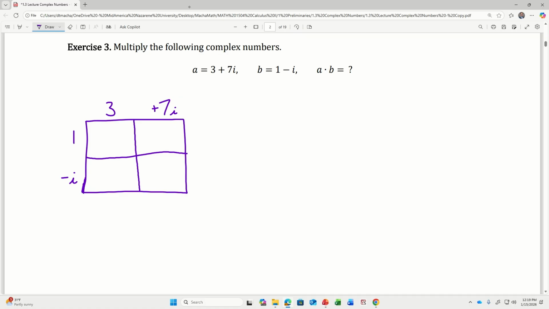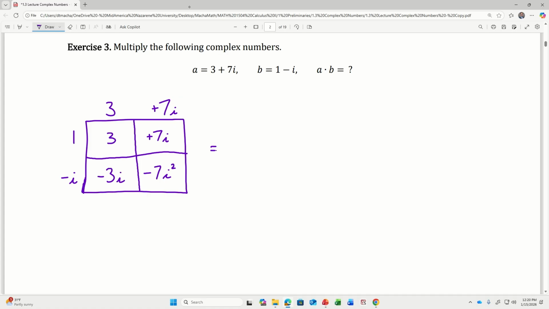Like 1 times 3 is 3. 1 times 7i is 7i. 3 times negative i is going to become negative 3i. And then 7i times negative i is going to be negative 7i squared.